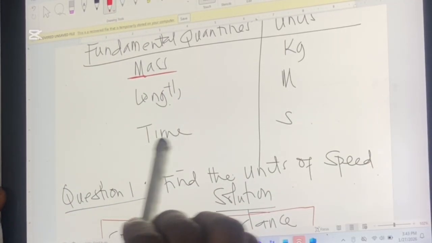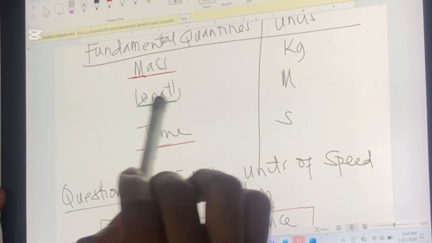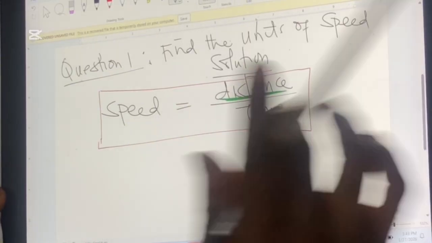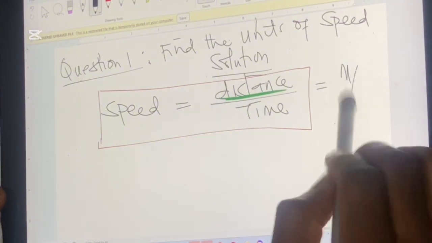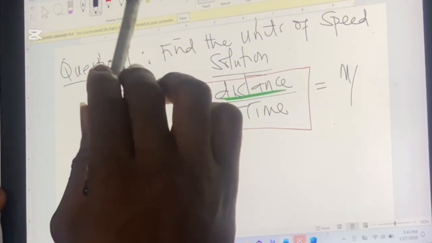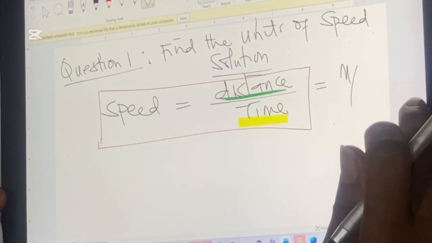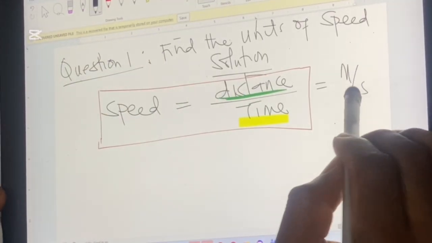Distance cannot fall under time, okay? That means distance should be under length. And what is the unit of length? Meter. Please take note. So writing down the unit, I will have this to be equal to meter over, of course, this time here is already in its fundamental quantity, and the unit is seconds. Please take note.